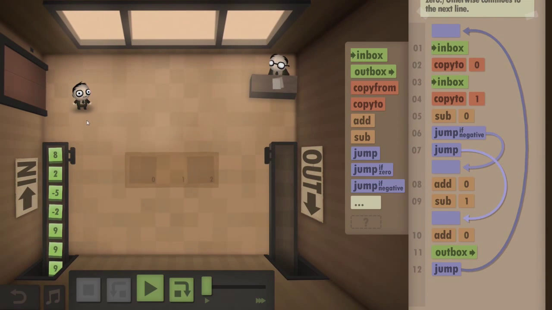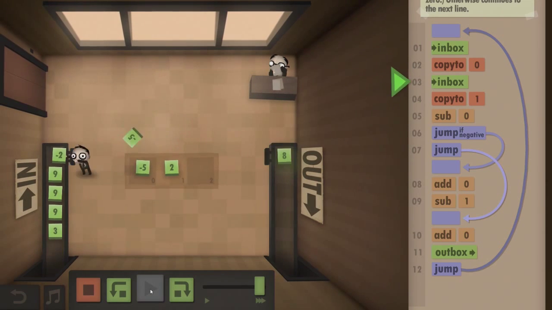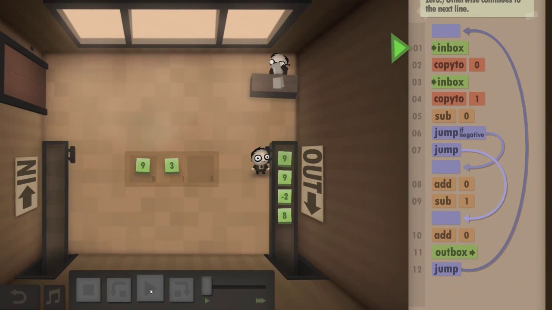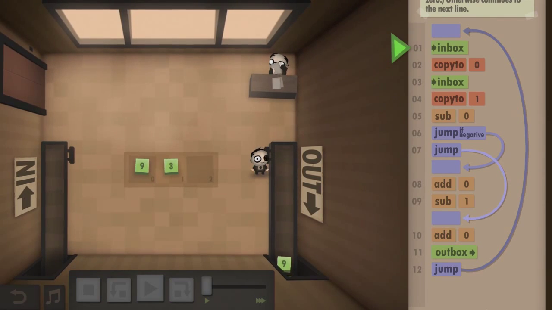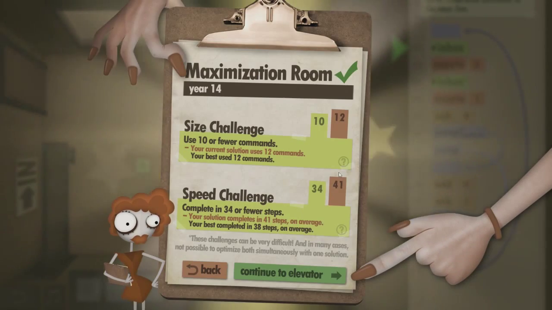Right. Wish I could move him around. Because now I can see why one of them was longer, because I'm forcing it to do all these 14 steps every single time, 15 steps. It does not start again unless it gets to the bottom.